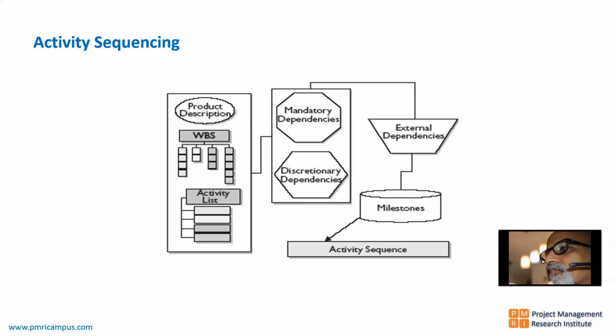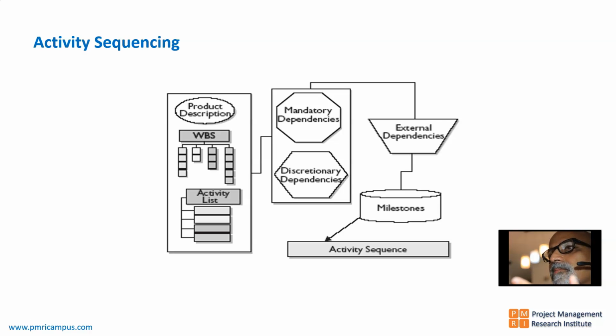There are ways of compressing the duration from 8 to 5, because instead of normal curing, if we are using steam curing, we can reduce it to 5 days. But to understand this concept, let us not get into that. So if you are using only manual curing of concrete, after pouring the concrete, we should give 8 days curing time. That is an example for mandatory internal dependency.